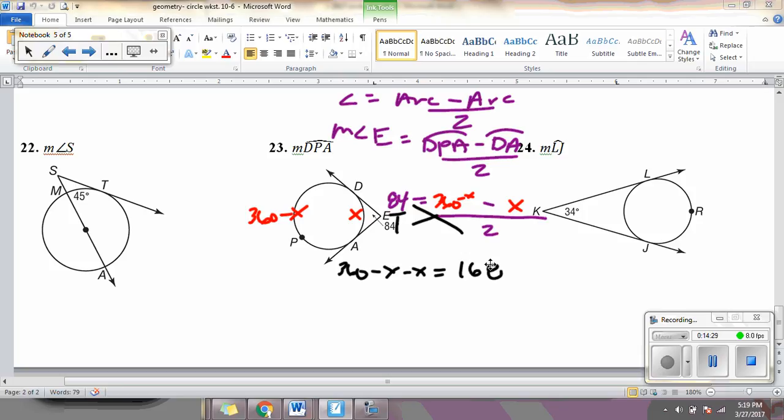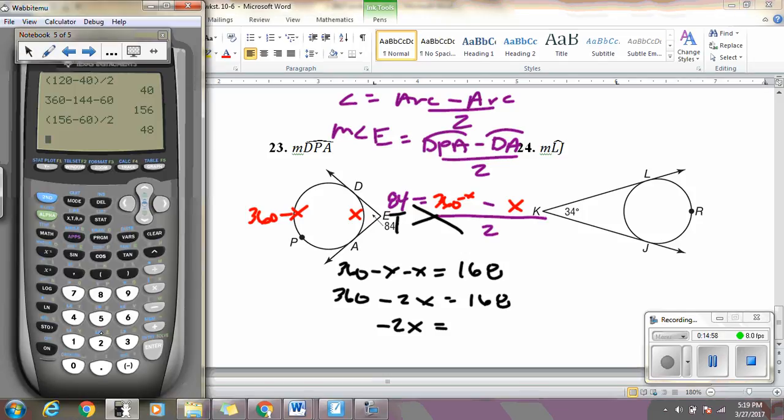I have two X's I need to combine. So that will give me 360 minus 2X is equal to 168. I have two options here. I would probably subtract 360 from both sides, which would leave me with negative 2x is equal to 168 minus 360, negative 192.